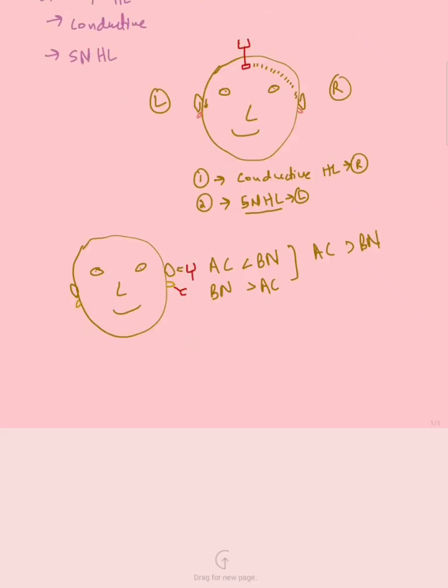So, to summarize what we learned here, we have the Weber and the Rinne.